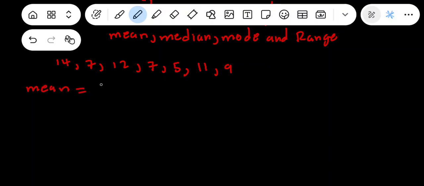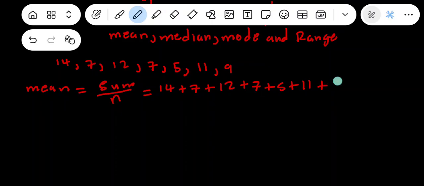The mean is the sum of the numbers in the sequence divided by how many numbers there are. So here we have the sum of all of these numbers: 14 plus 7 plus 12 plus 7 plus 5 plus 1 plus 9.